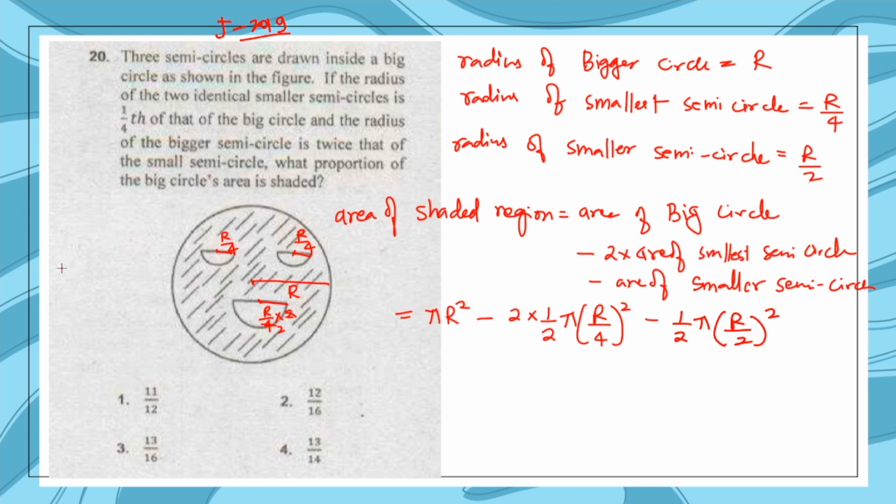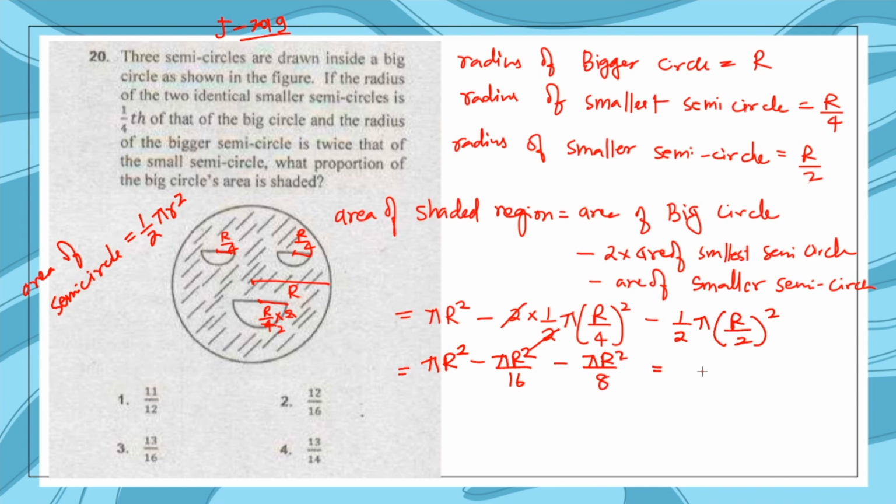Remember, area of a semicircle is given by 1 by 2 pi r square, where r is the radius, so I'm directly putting the radius values here. So this will be pi capital R square minus, if you solve this, pi R square upon 16, and minus, 4 2 times is 8, so this will be pi R square upon 8.